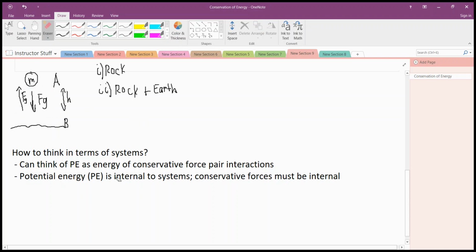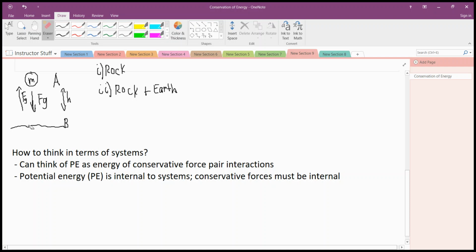Why? Because potential energy is the energy of conservative force pair interactions. So that means potential energy arises as a result of interactions between two objects. So that being the case, it makes most sense to include both objects in my system. So that way, when I talk about potential energy of my system, both of the objects that create it are in my system.